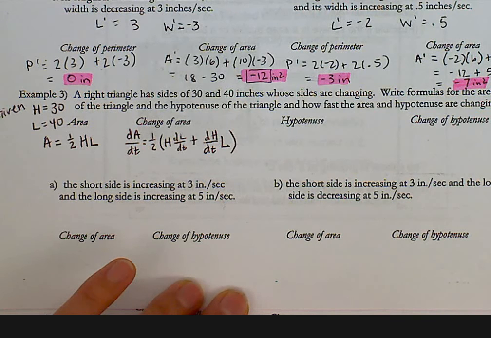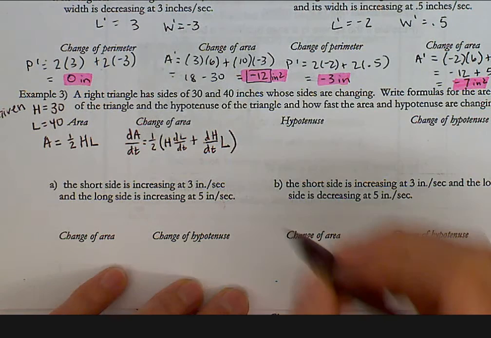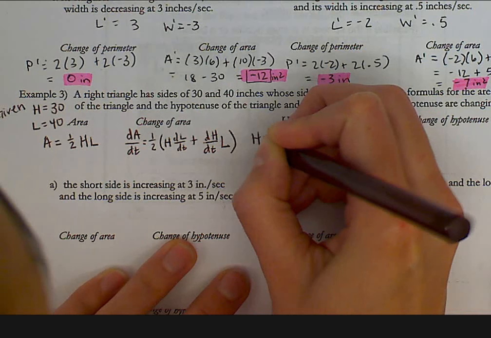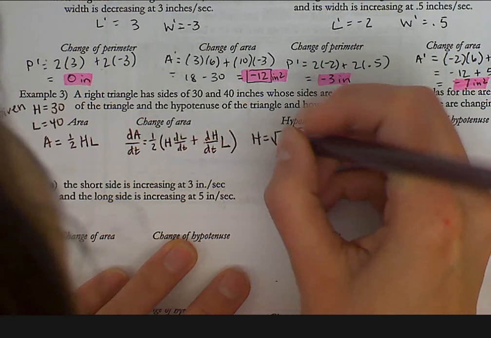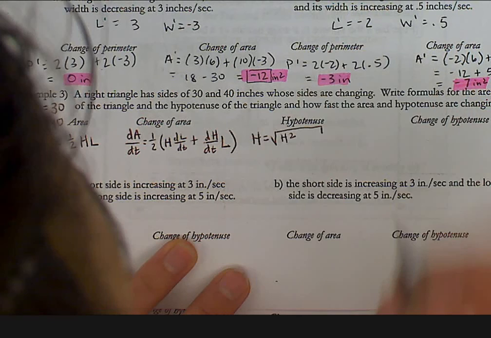Okay. And then my hypotenuse will still be the square root of h squared plus L squared.